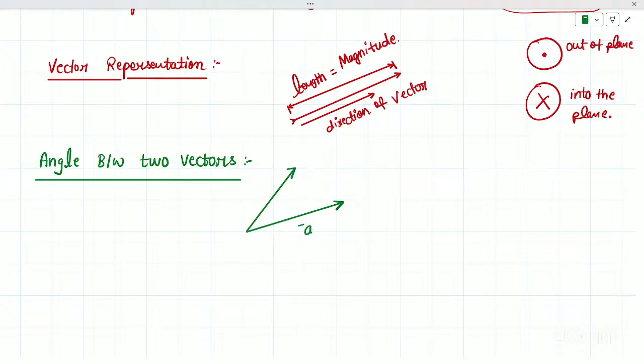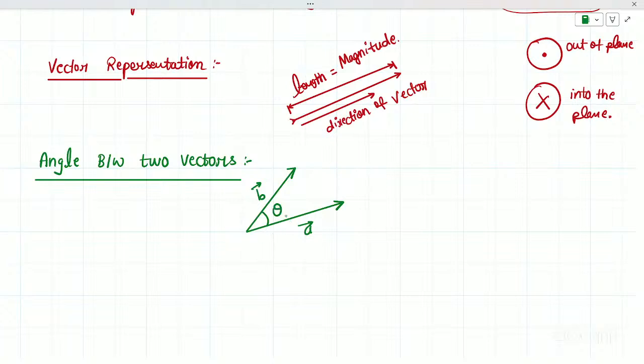This is vector A, let's say, and this is vector B. So any vector symbol is represented by putting an arrow over the symbol. If it is velocity, it would be written like this. If it is acceleration, or a force vector, like this. Okay. So here we have taken two vectors, vector A and vector B. Vector A does not represent acceleration. It's another vector. And let's say the angle between them is theta.